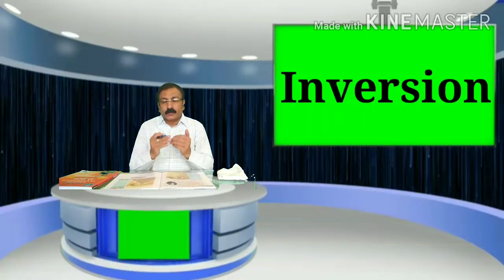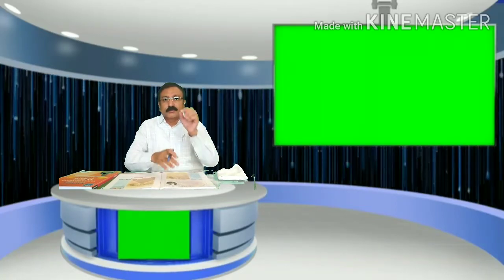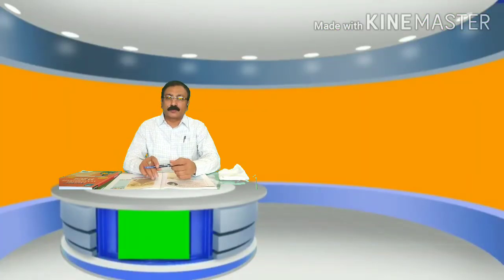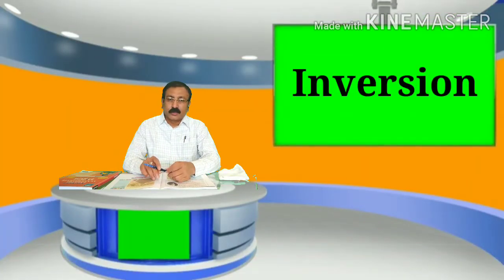So when the word order is reversed, when the word order is changed, in that case we have the figure of speech inversion in the line of the poem or in the sentence. I hope that you must have understood the figure of speech inversion.